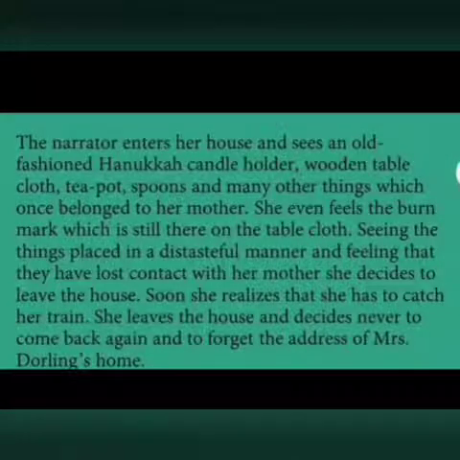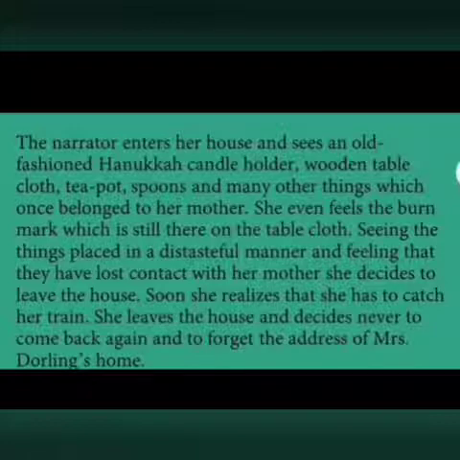The narrator enters the house and sees an old-fashioned Hanukkah candle holder, wooden tablecloth, teapot, spoons, and many other things which once belonged to her mother. She even feels the burn mark which is still there on the tablecloth.